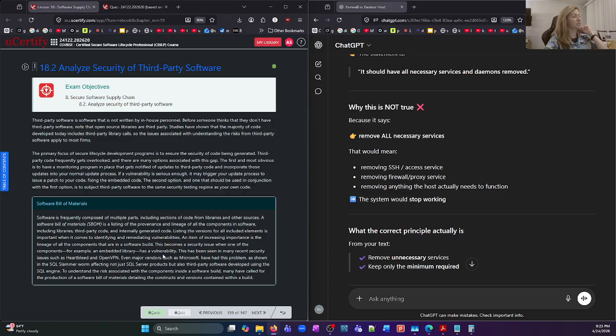Even major vendors such as Microsoft have had this problem, as shown in the SQL Slammer worm affecting not just SQL Server products but also third-party software developed using the SQL engine. To understand the risk associated with the components inside the software build, many have called for the production of a software bill of materials detailing the constructs and versions contained within a build.